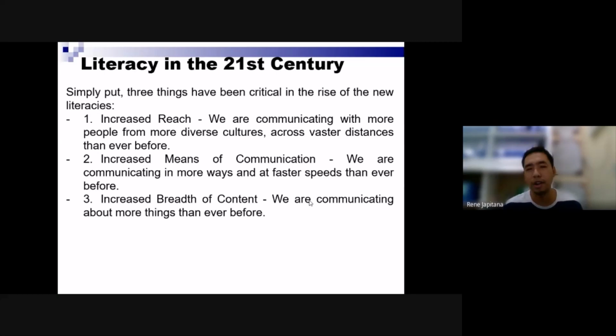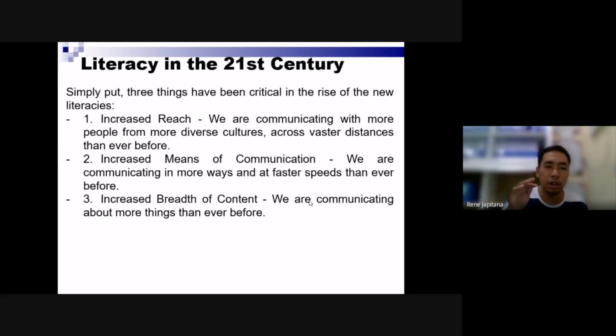Regardless of the distance, although we are in distance learning, the way that we communicate to you, we deliver an instruction, we deliver the content of the subject, is always a way that increases the reach of communication. Meaning to say, sa Bisaya, mas daghan ang naabot sa communication because of the advent of technology.